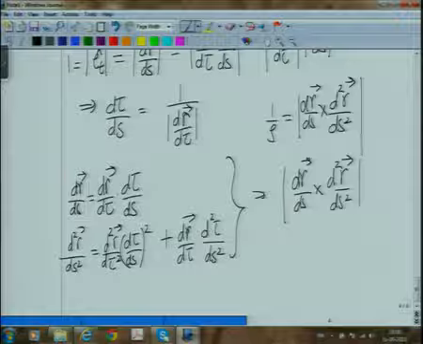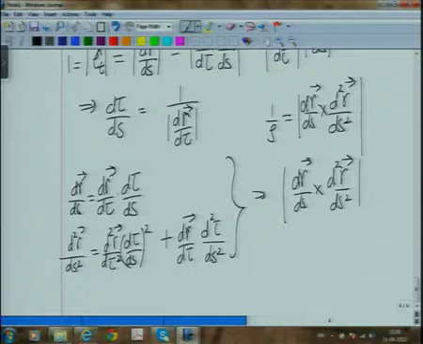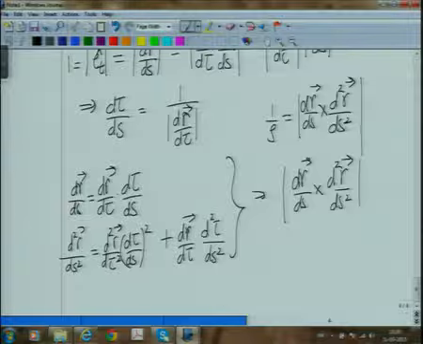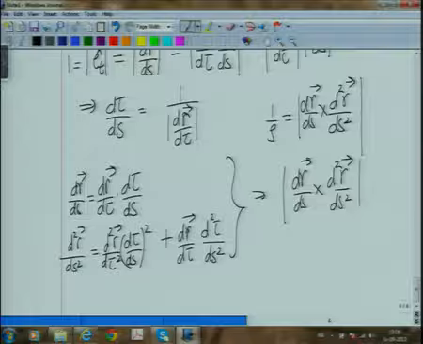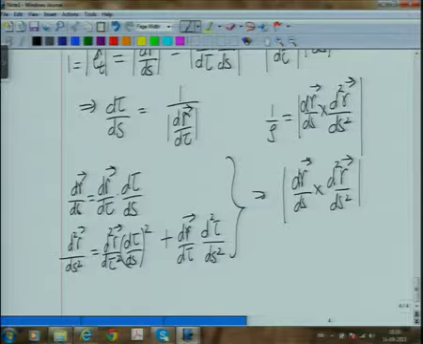So when I take a cross product of these two, I will get something which is non-zero. When I take a cross product of dr by d tau with the second term, I have dr by d tau crossed with dr by d tau. So that will be 0, because everything else is a scalar.